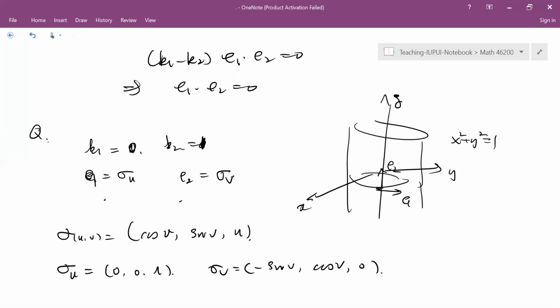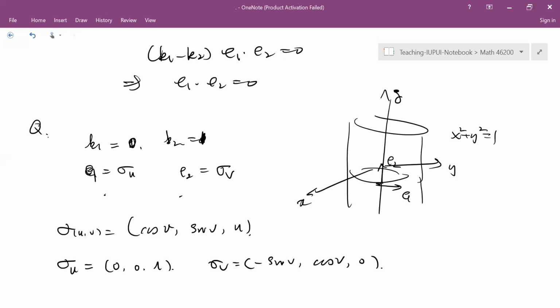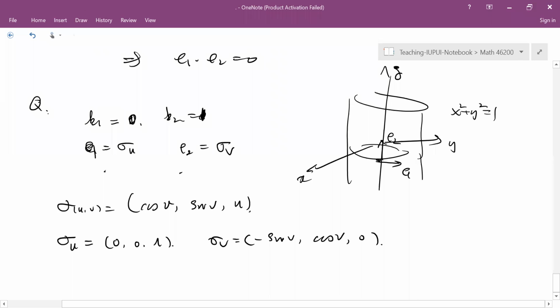These two natural bases from the surface patch are actually also a normal basis. And let's prove it.